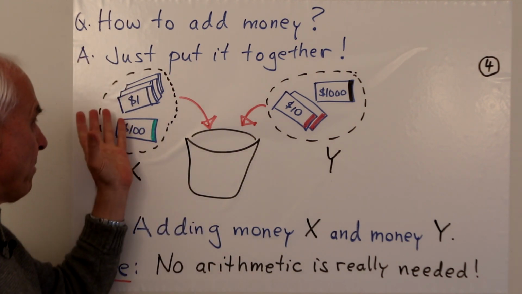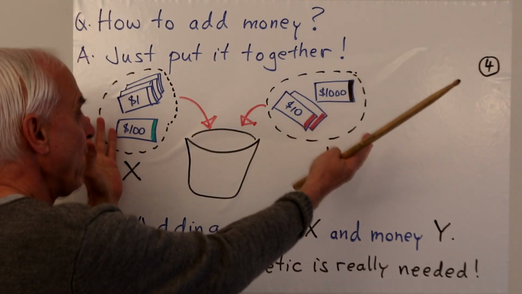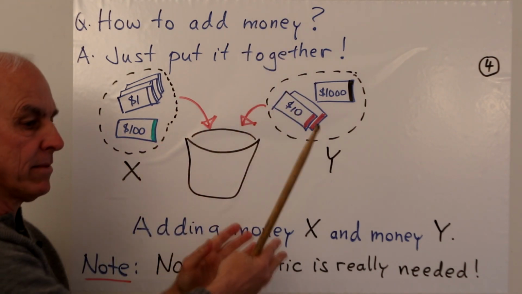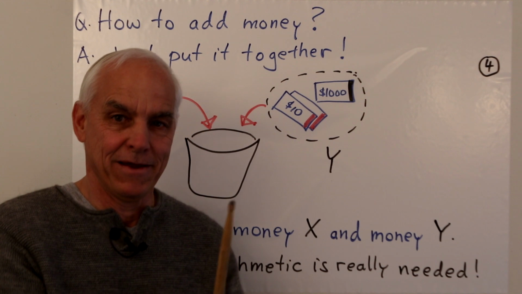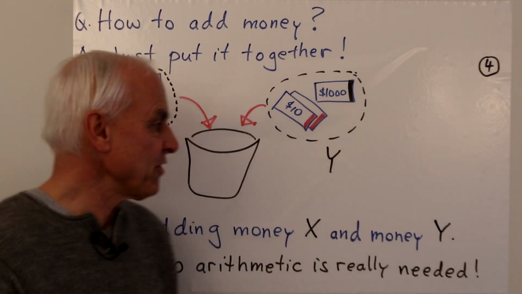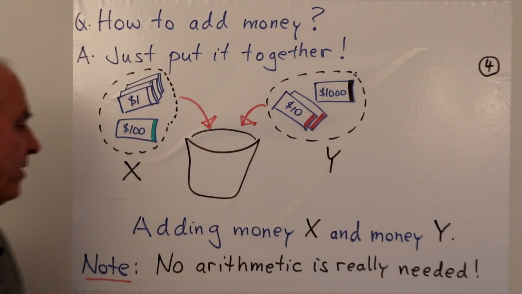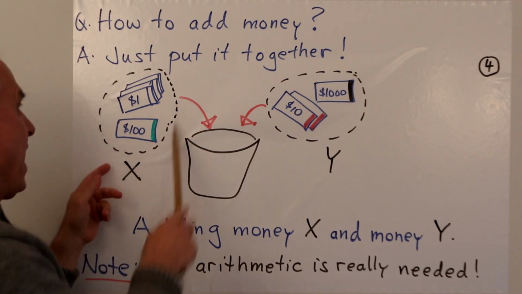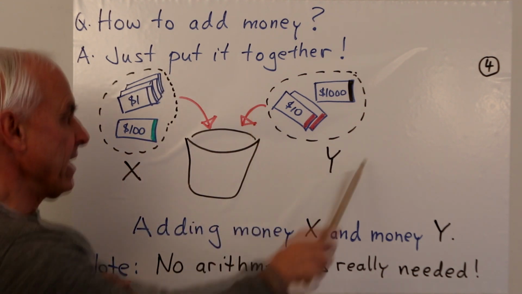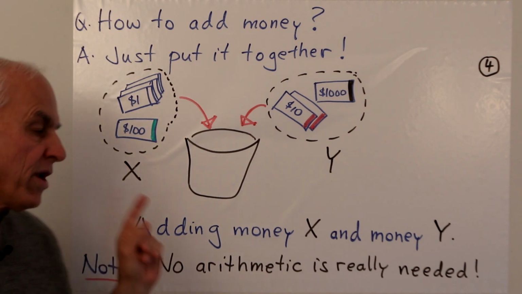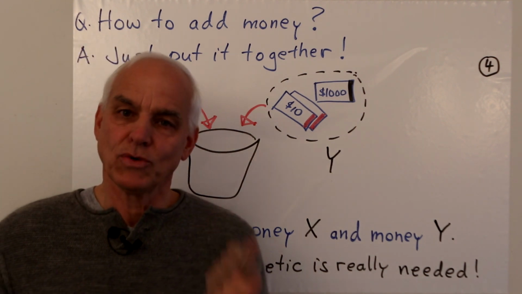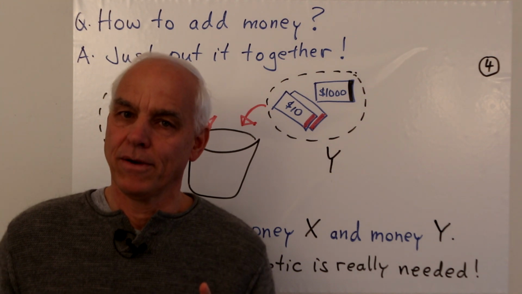Okay? We take the money over here and the money over here, and we combine them in a separate pot. We just put them together physically. We just dump them together. That's how we add money X and money Y. Note, no arithmetic in the usual sense is really needed here.